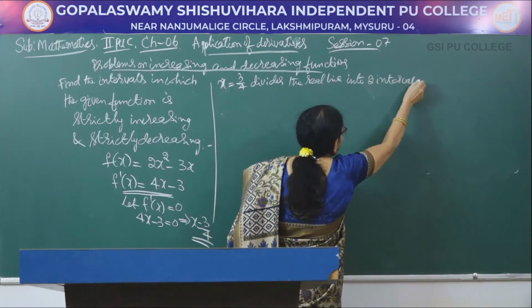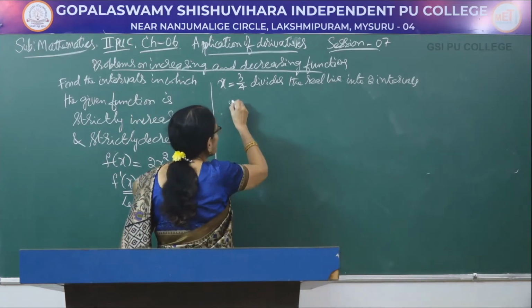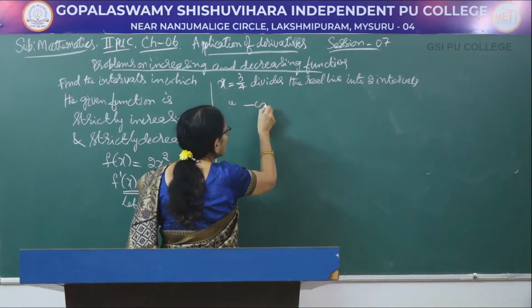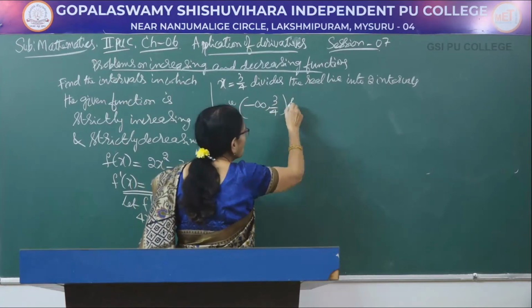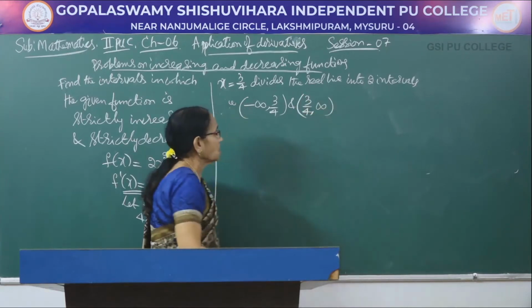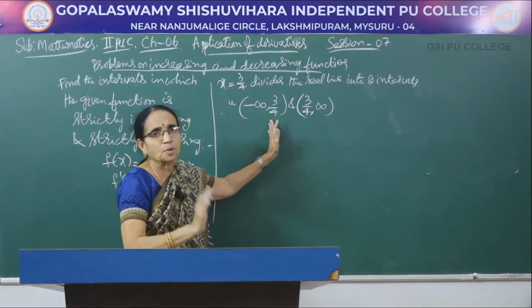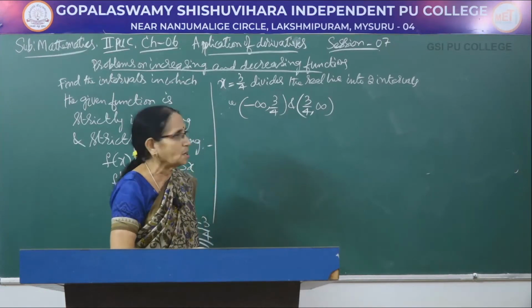When there is only one point, there will be 2 intervals, that is minus infinity comma 3 by 4, open interval, and 3 by 4 comma plus infinity. So, negative values up to 3 by 4, and from 3 by 4 up to the maximum value plus infinity.